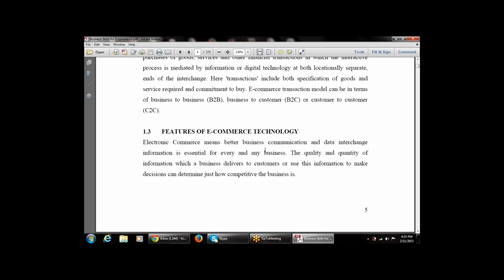Whenever we do business, there is a requirement of data interchange, and that is provided by e-commerce. It provides the quality as well as the quantity of information to various users.